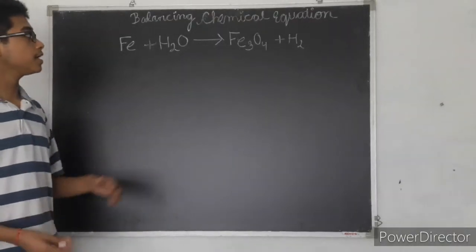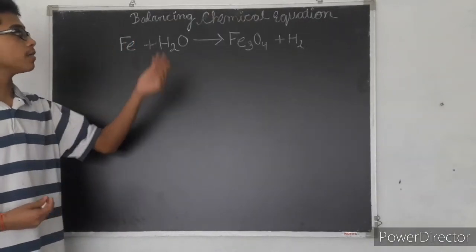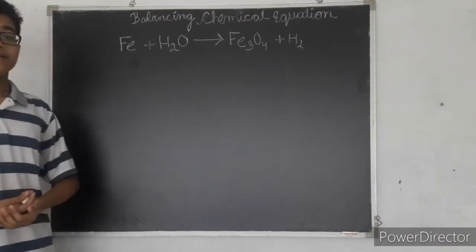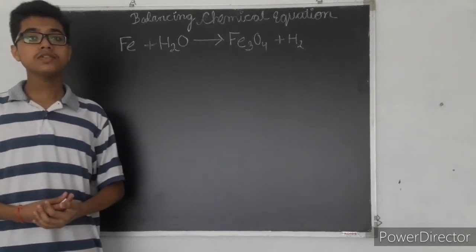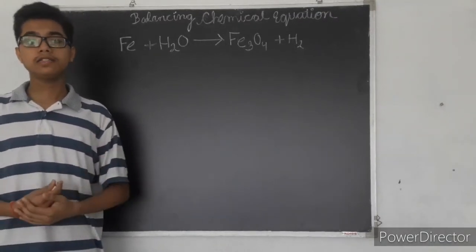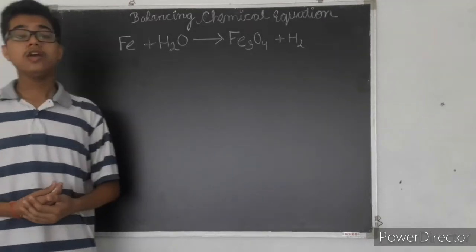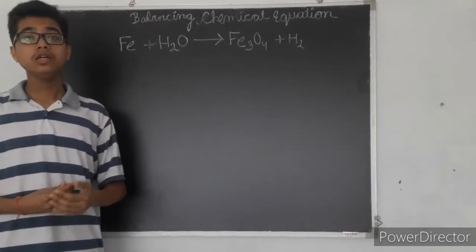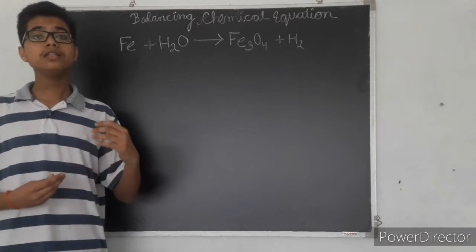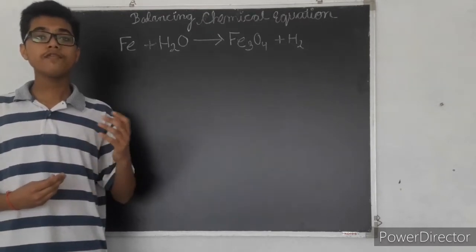Now we will study how to balance a chemical equation. Friends, one question is very important: why balance a chemical equation? We balance a chemical equation to make the law of conservation of matter true.